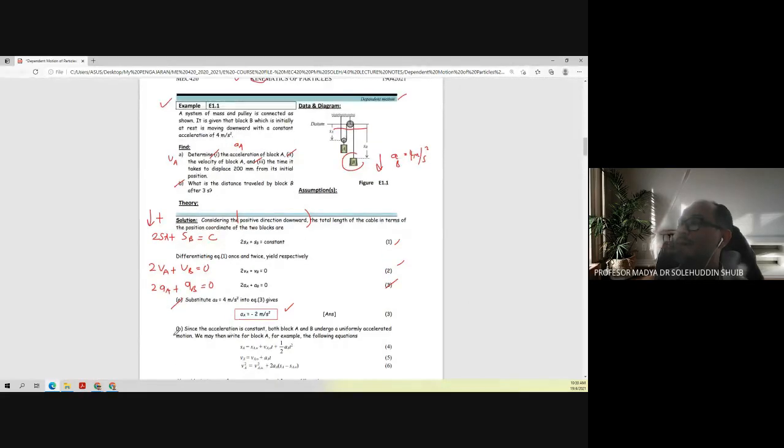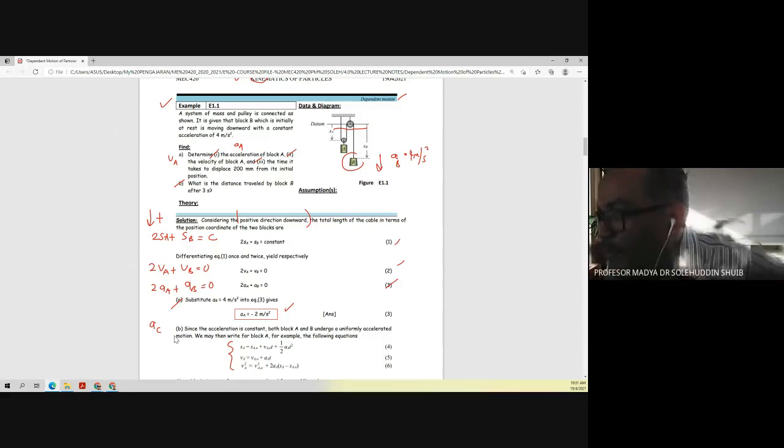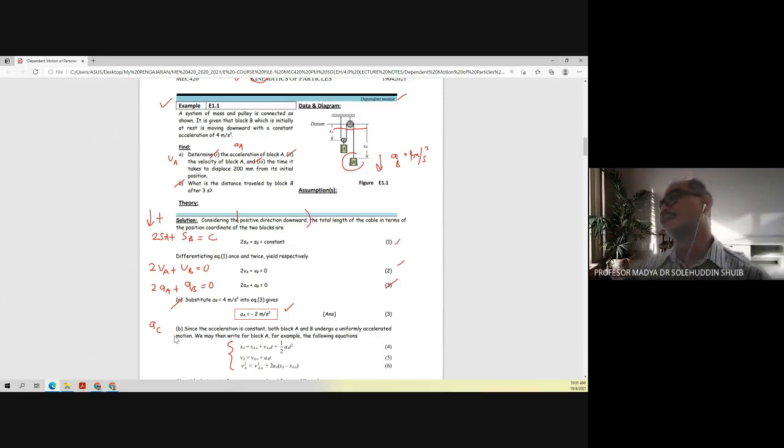Since the block's acceleration is constant, we can use uniformly accelerated motion, and then we can use this equation. This equation we can apply when acceleration is constant, so be mindful of the words acceleration constant.